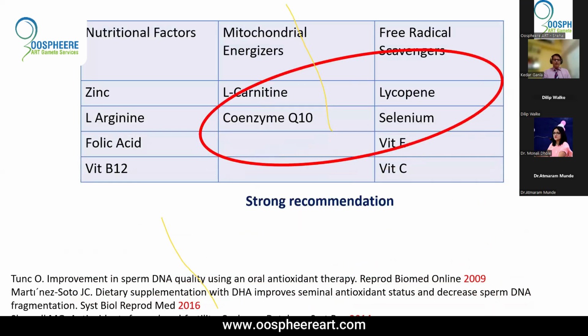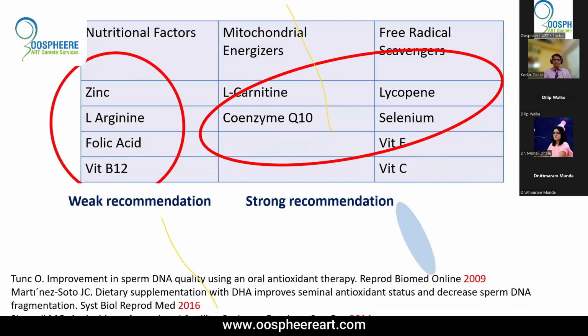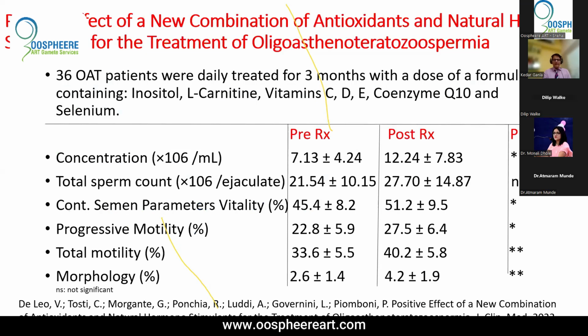So what you found from these 4-5 studies is that mitochondrial energizers, meaning those which improve mitochondrial function, L-carnitine in the dose of 2 grams per day, and coenzyme Q10 at least 200, supported with vitamin C, selenium, vitamin E, lycopene. I have my own reservation, and most important, folic acid, B6, B12 are very important. So we can have a combination.